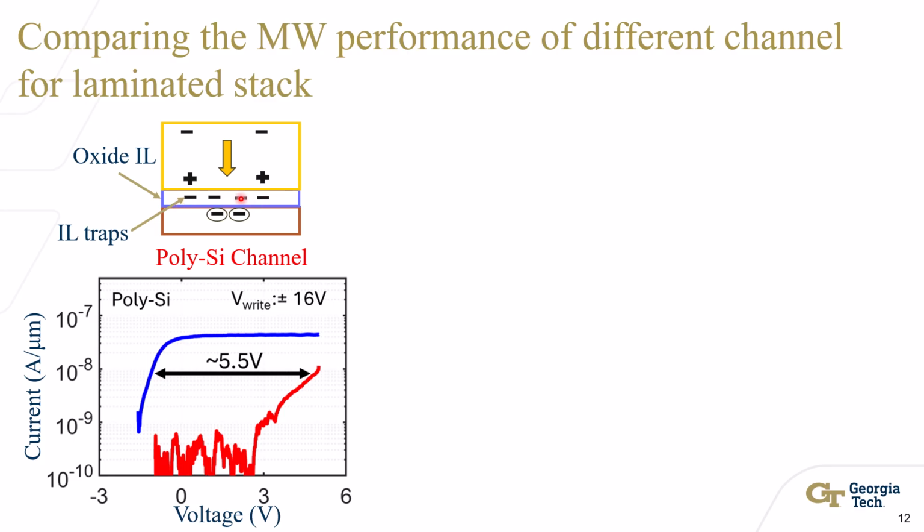If we see here, the ferroelectric polarization charges and the charges from the interlayer traps are opposite in nature, and therefore these IL traps counteract the ferroelectric polarization charges. Because of this, the ferroelectric polarization charge is not entirely reflected on the channel, which reduces my write efficiency, and thus it reduces my memory window.